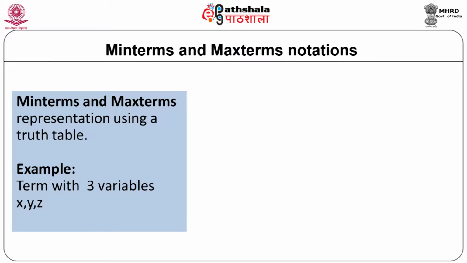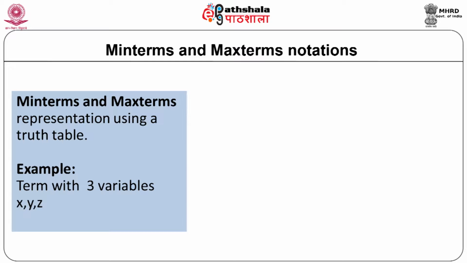Boolean functions can be defined by truth table. In a Boolean function, a product term in which all variables appear represents the min term of the function. Min terms specify the function as an OR of the min terms.